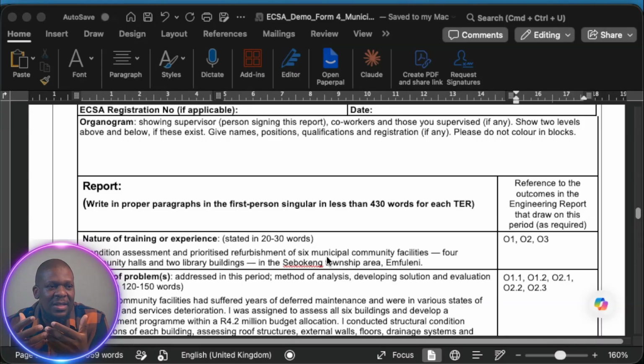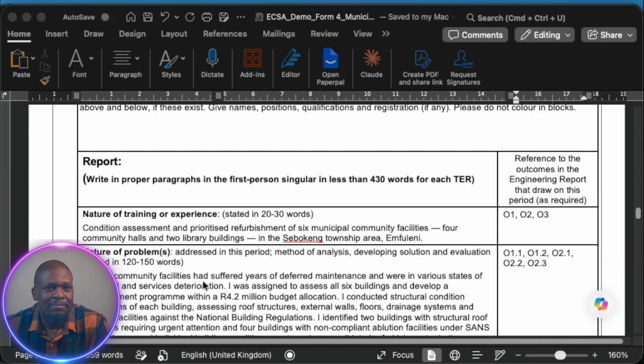So using it will be able to guide them to say, yes, I'm working for the local municipality, but I can still register. So you have 4 community halls, 2 library buildings that you have to refurbish. So your training is conditional assessment of buildings and prioritizing the refurbishment of those buildings.